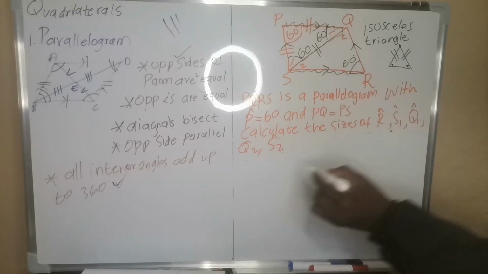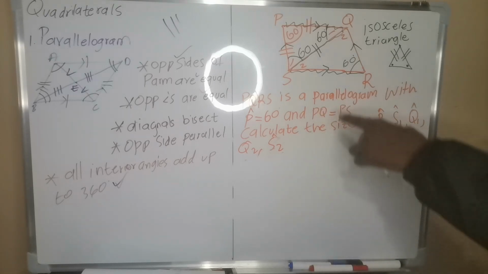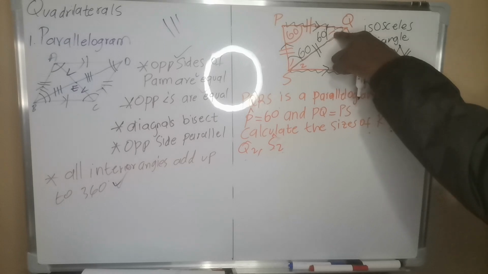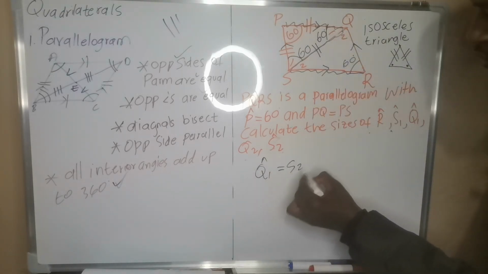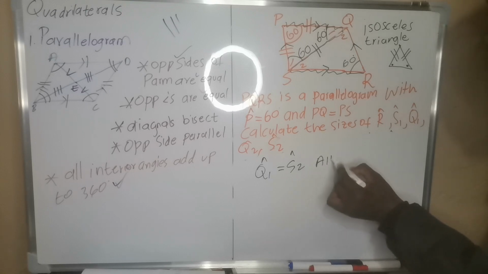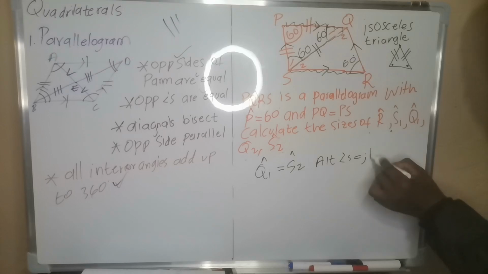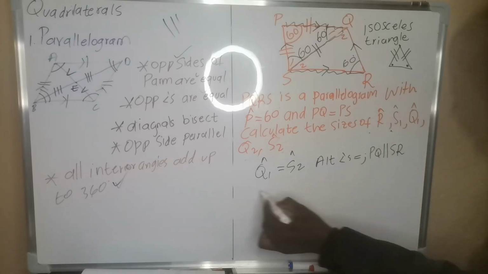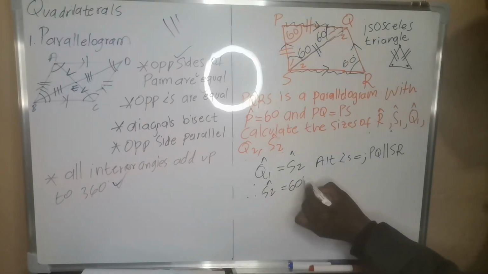I can find S2 through this angle Q1. That means Q1 is equal to S2. Why? Alternating angles are equal, such that PQ is parallel to SR. Therefore, S2 is equal to 60 degrees.